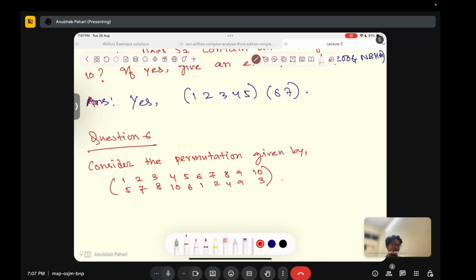Either 1 goes to 7 or 2 goes to 7. Let's say 2 goes to 7.